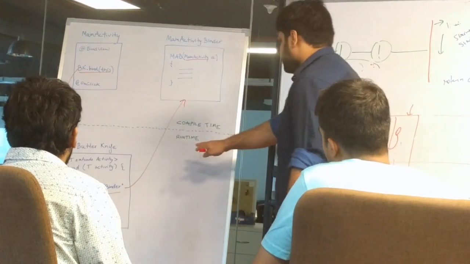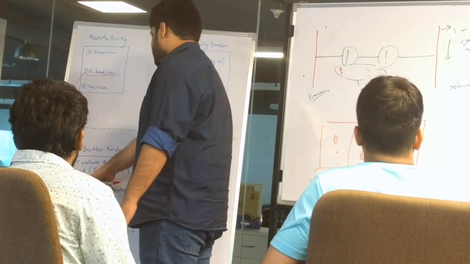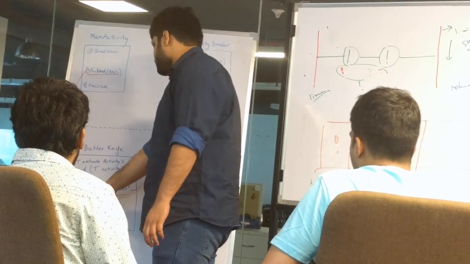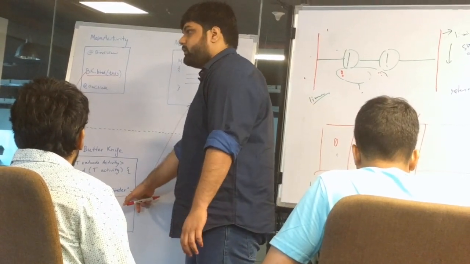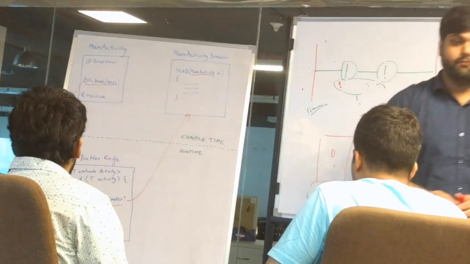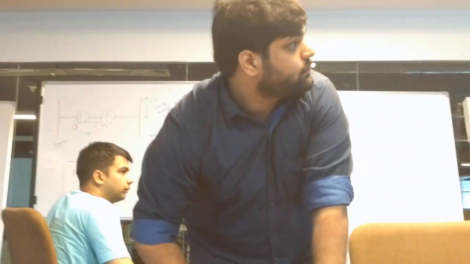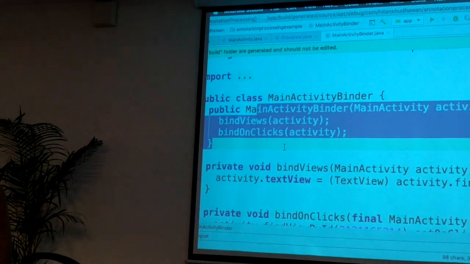So this happens at runtime. At runtime we call the bind method, it gets the class name, suffixes it with Binder, and instantiates it with this constructor, and then all our views will be bound. So this is how Butter Knife works.